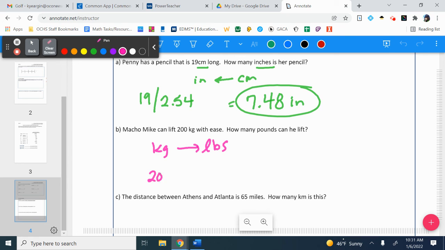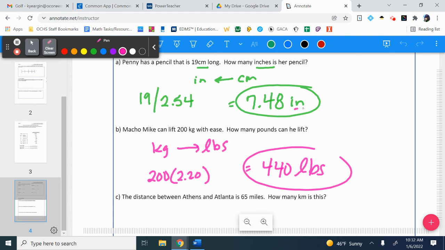I'm given 200 kilograms, and I'm multiplying that by the conversion factor of 2.20. So Macho Mike can actually lift 440 pounds. Please don't forget these units of measure. That is very, very important.